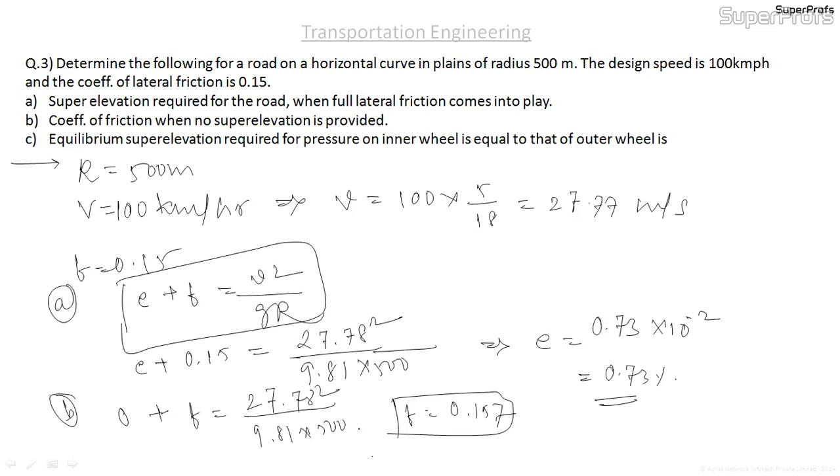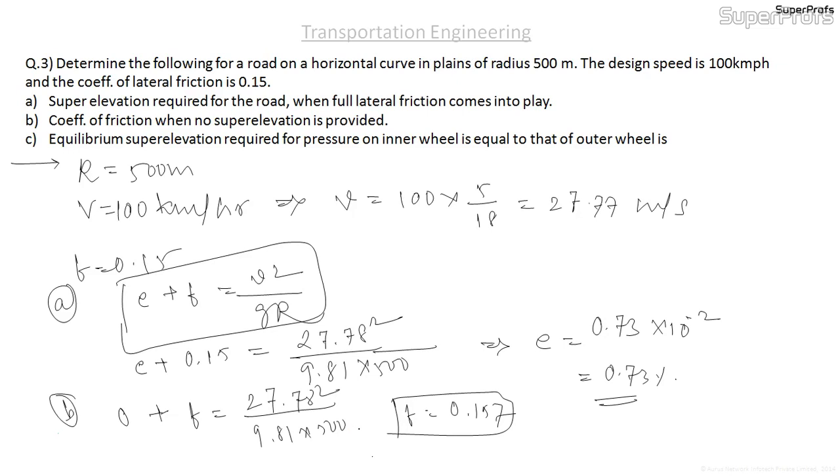Equilibrium super elevation is required so that the pressure on the inner wheel is equal to the pressure on the outer wheel. In order to go about question number 3C, you should know that for equilibrium super elevation, f equal to 0.